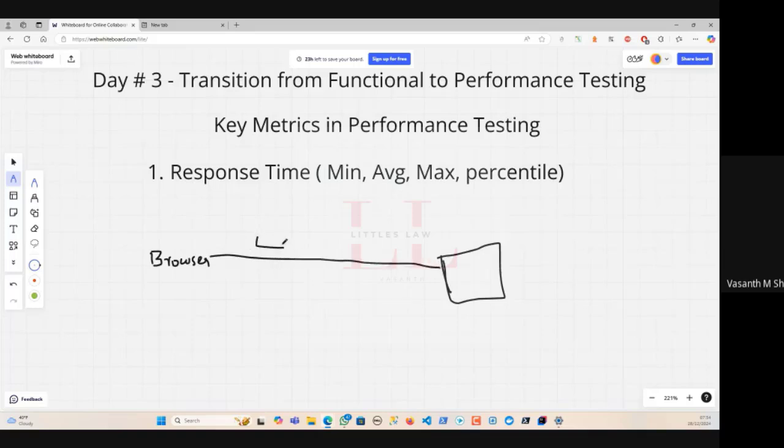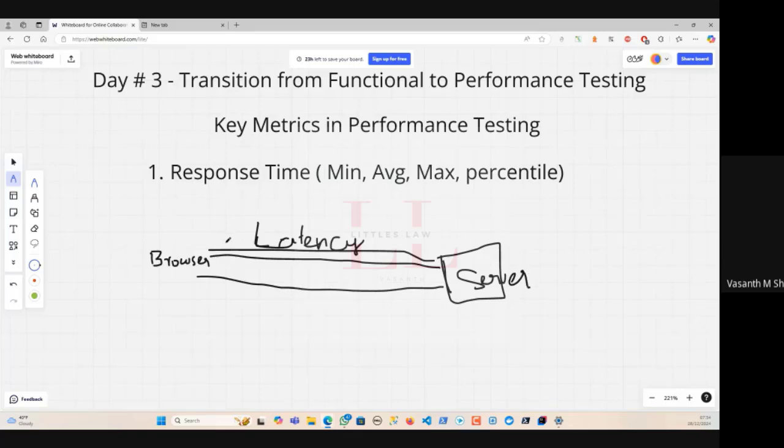There is nothing else to it. It all depends on the throughput and the bandwidth, so everything is part of your latency. After that, the response comes back from the server to the browser. So there are two latencies involved: the time from the browser to the server, and the time from the server back to the browser. That is the latency.